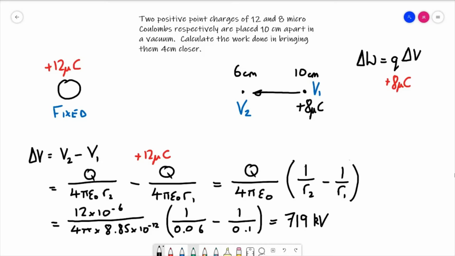In order to calculate the work done, we come back to our delta W equation. Delta W is 8 microcoulombs, so 8 times 10 to the minus 6, multiplied by 719 times 10 to the 3. Now, of course, in my calculator, I'm going to use the exact answer rather than use the rounded answer.